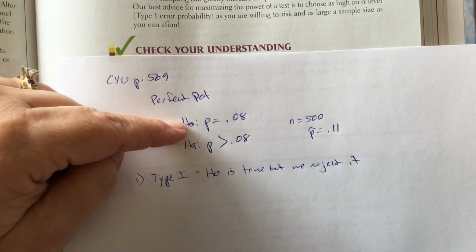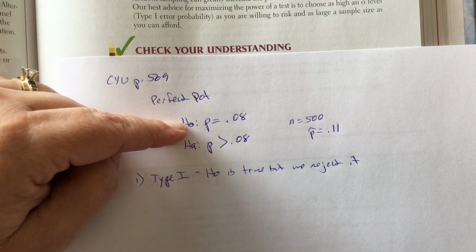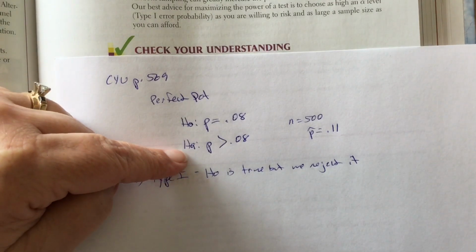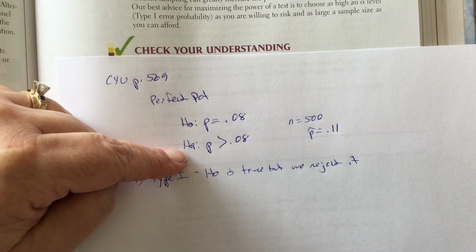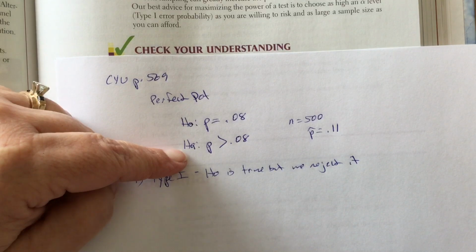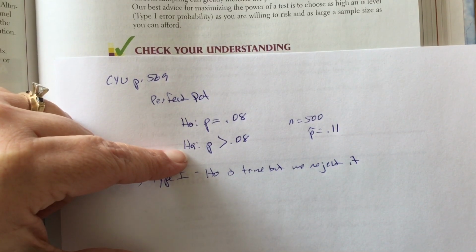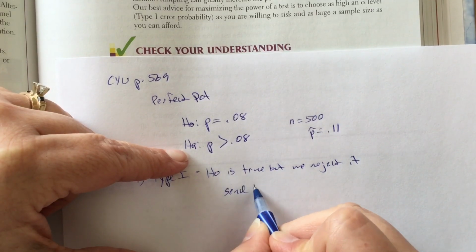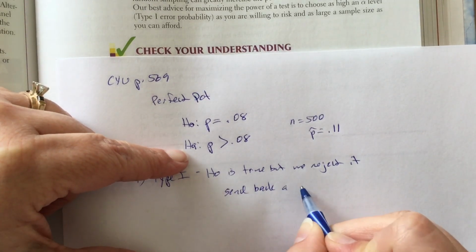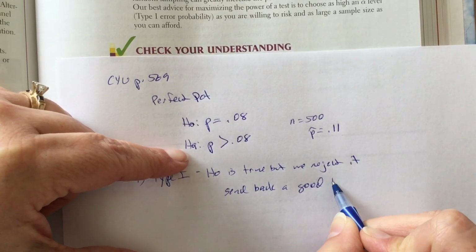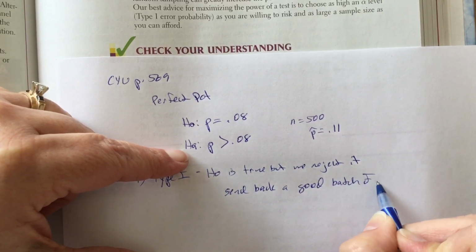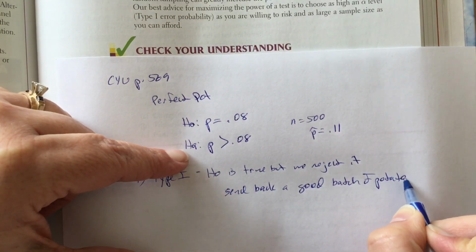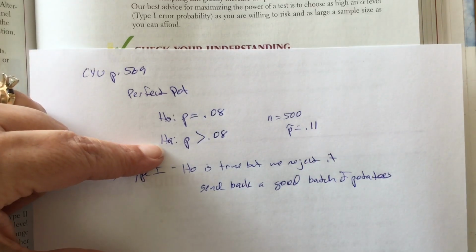So the batch only has 8% blemish, but we reject it and we think it has more than 8% blemished potatoes. So we send back a batch of potatoes that we think is bad, but it's really okay. We send back a good batch of potatoes, because we think they're bad.